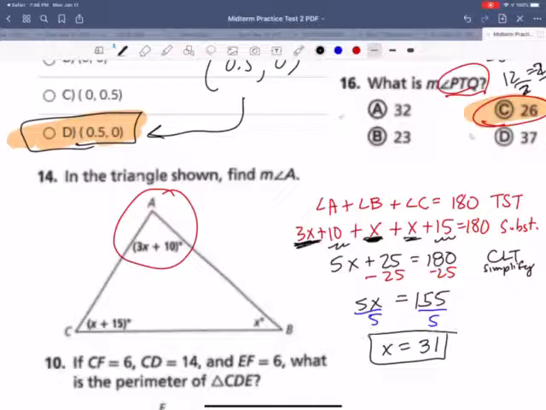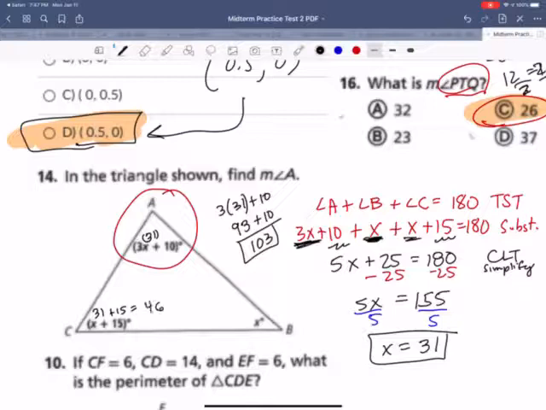But that's not what they've asked me. They've asked me to solve for A. So I can plug this in, 31, right? 3 times 31 plus 10. So that'd be 93 plus 10 makes 103. Nice. All right, now I could try these other ones out. 31 plus 15 would be 46.